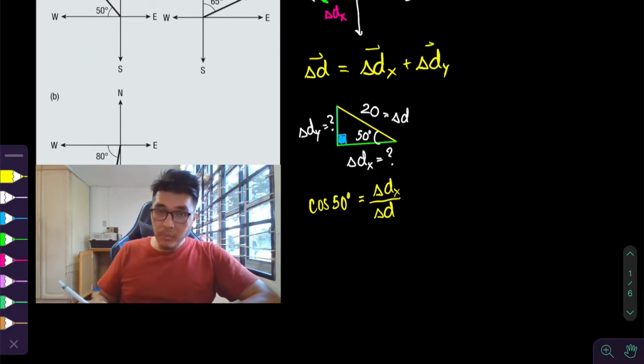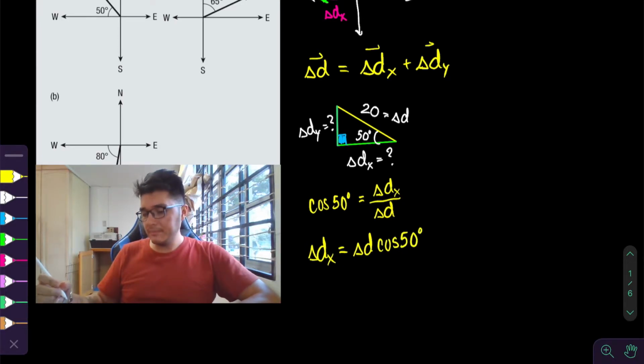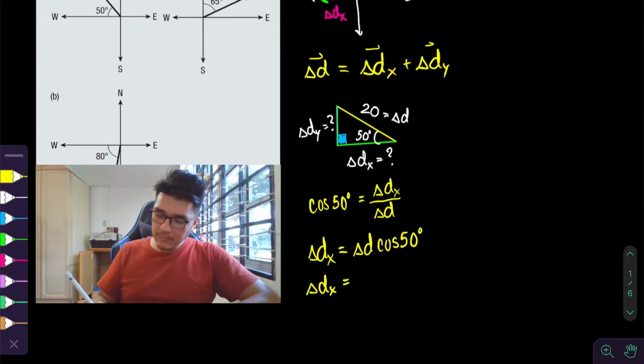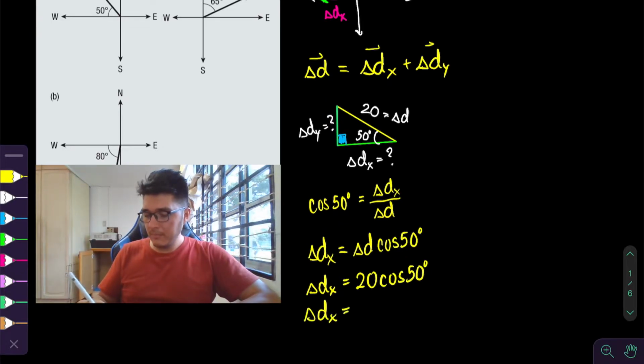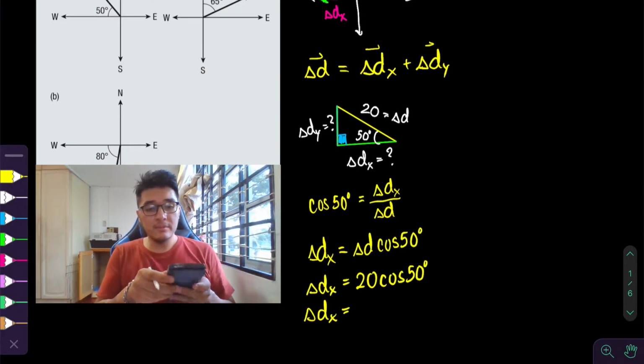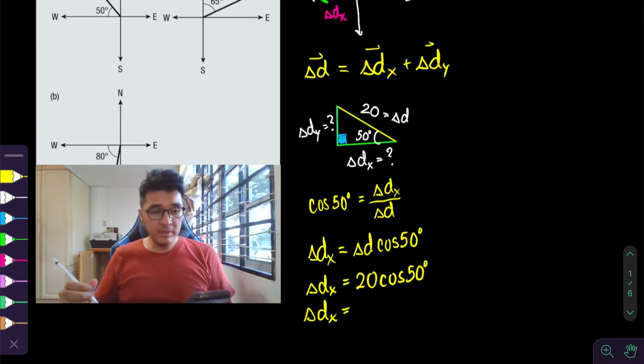We can multiply both sides by delta d, which will isolate delta dx, which was our unknown. So that's delta d cosine of 50 degrees. Delta dx equals 20 cosine of 50 degrees. Let's calculate this. That's approximately 12.9 kilometers.